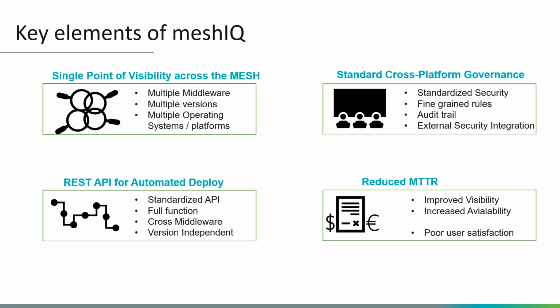There are tools for MQ, and IBM has come out with some nice tools, but you have to be on the latest versions to take advantage of them. And this tool only works with this version. You need this tool for that version, right? So being able to see everything at once is certainly the key message out of the mesh.